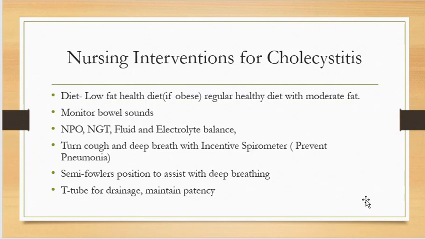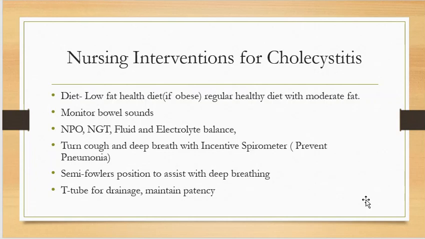And then if they've had a cholecystectomy, so they had their gallbladder removed, and they're of normal weight, they can just have a regular diet. They don't have to restrict their diet at all. So remember that. If the patient is obese, we would recommend a low-fat, healthy diet. If the patient is of normal weight, patients can tolerate a regular healthy diet, which is moderate in fat.